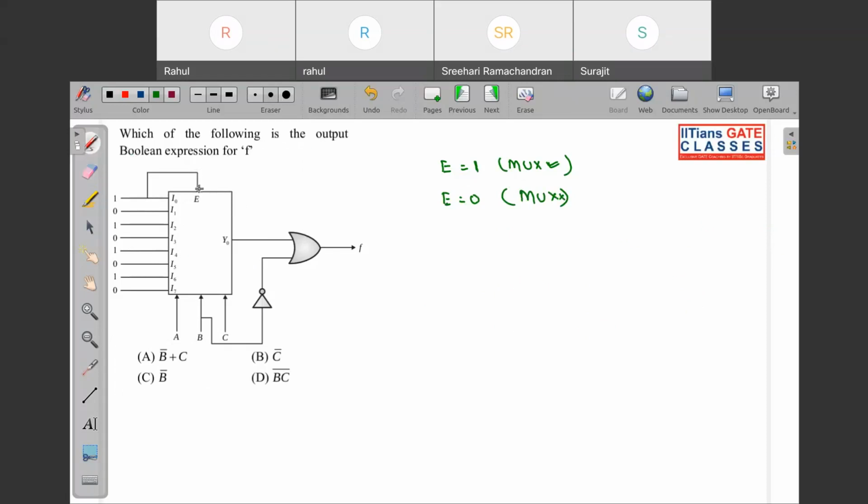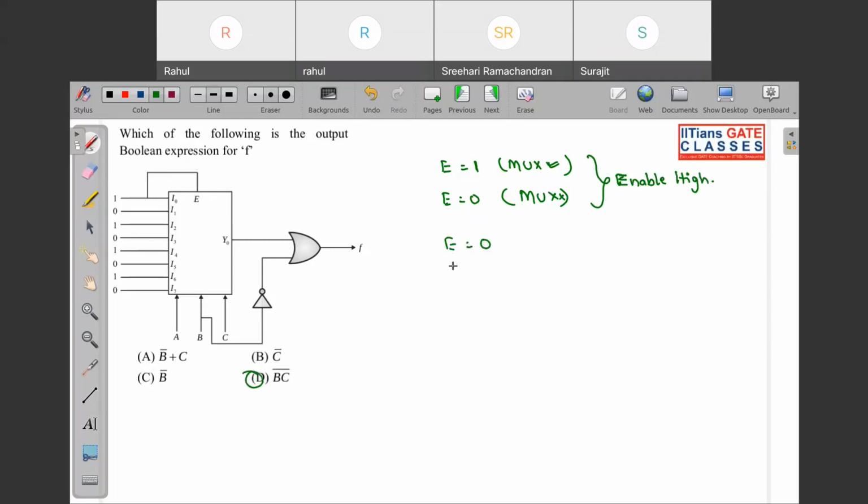Now one more way this could have been written: if there was a bubble over here, or on top of this E there was a bar, that means it is enable low. This is known as enable high. Option D, sir. Okay, so option D you are telling.